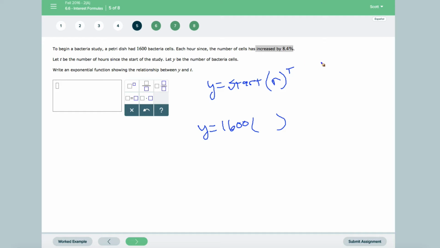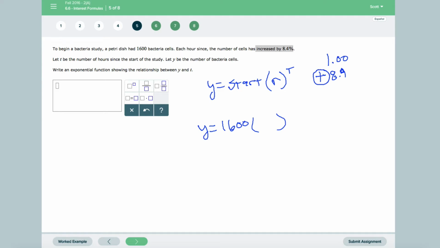So that means with a growth formula like this, we take 1.00 plus, because we're increasing by 8.4%.